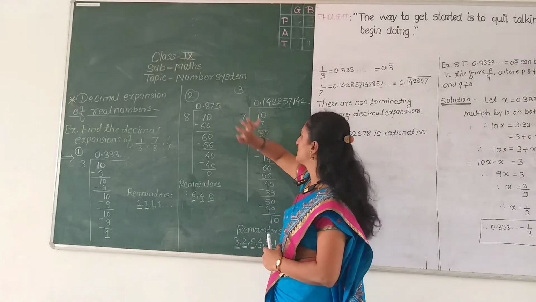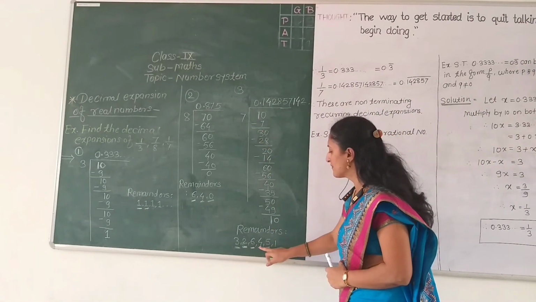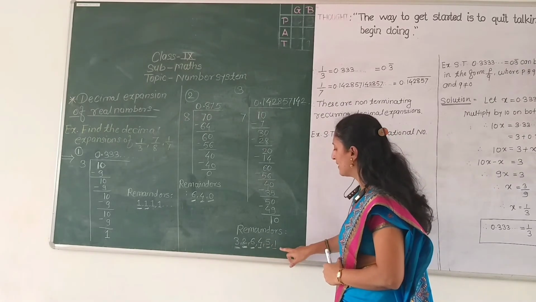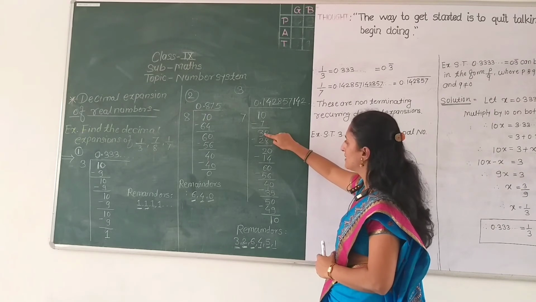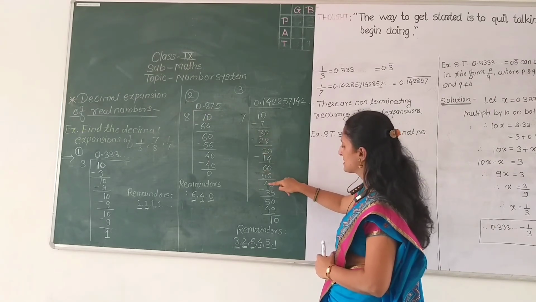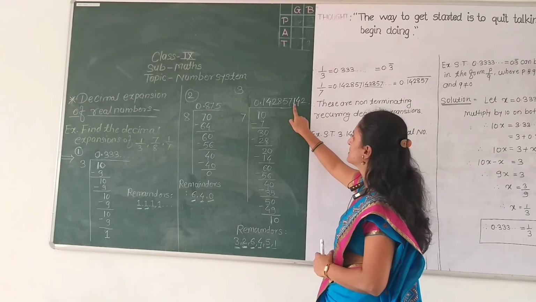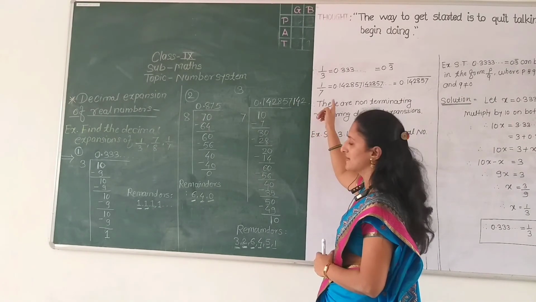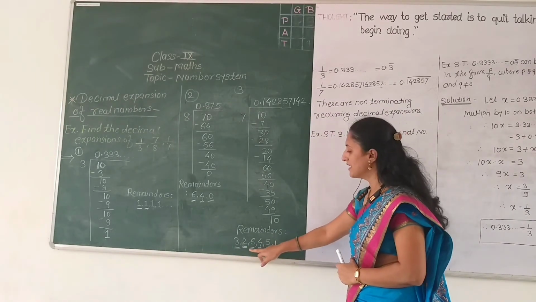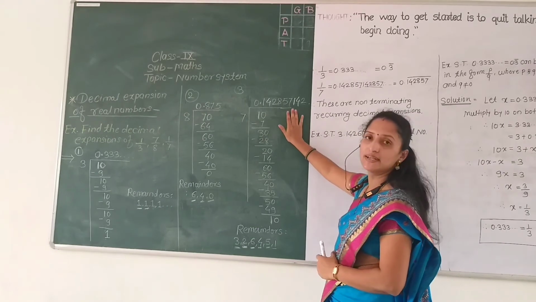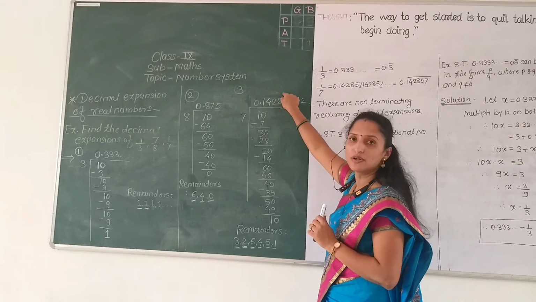In this third example, the remainders 3, 2, 6, 4, 5 and 1 appear, and after that we again get the same remainders, and we get the same numbers in the quotient, 1 4 2 8 5 7. That means if remainders are repeated, then we get the same block of digits in the quotient.